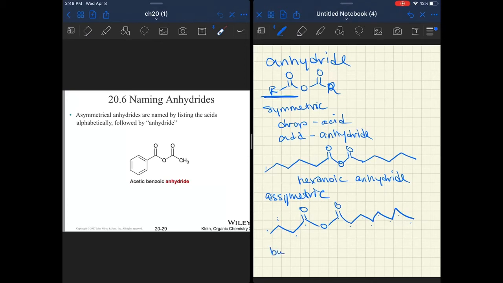We have butanoic, octanoic, anhydride. It's as simple as that. I won't put any substituents on an anhydride. That gets a little bit more complicated, but you should know how to name or draw the structure from the name of some simple symmetric and asymmetric anhydrides.